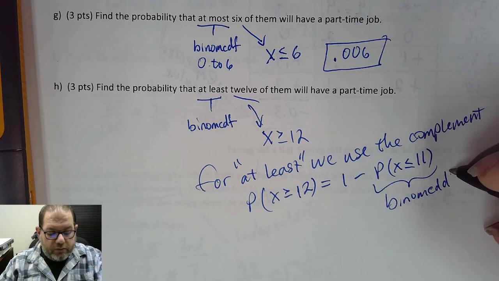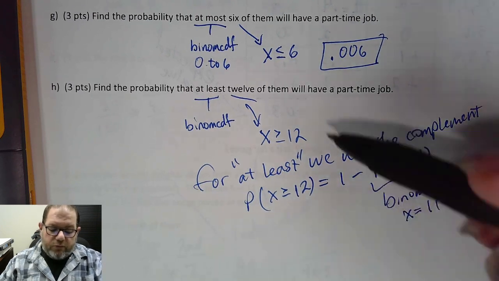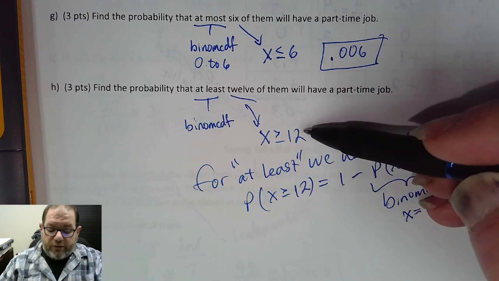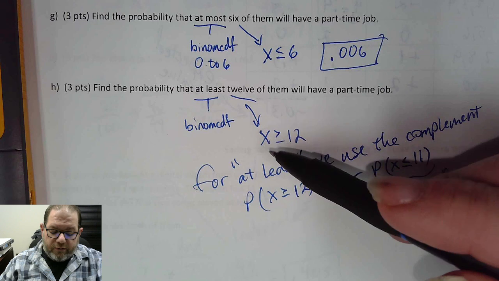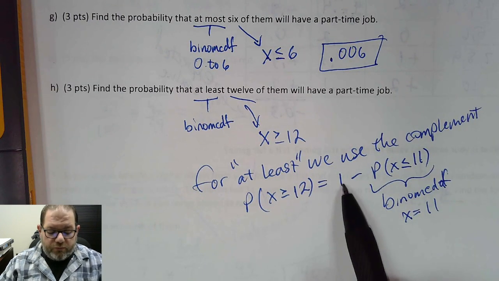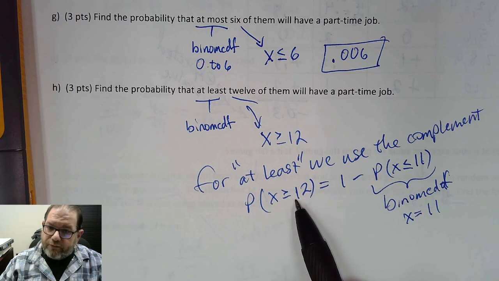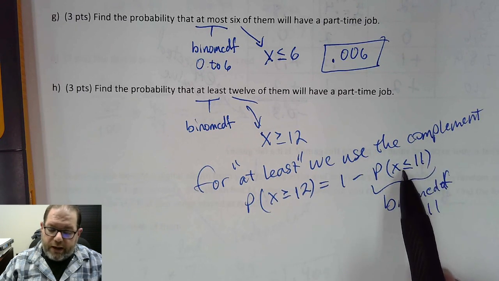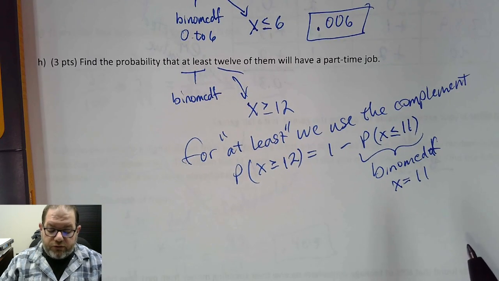And notice that we use x equals 11. Our first thought when we see this problem is that we're going to be using x equals 12. But the way that this at least probability works by using the complement is when we subtract that. Remember, this is 12 or more, so the opposite of 12 or more is 11 or less. So we have to use x equals 11 with our binomial CDF function.